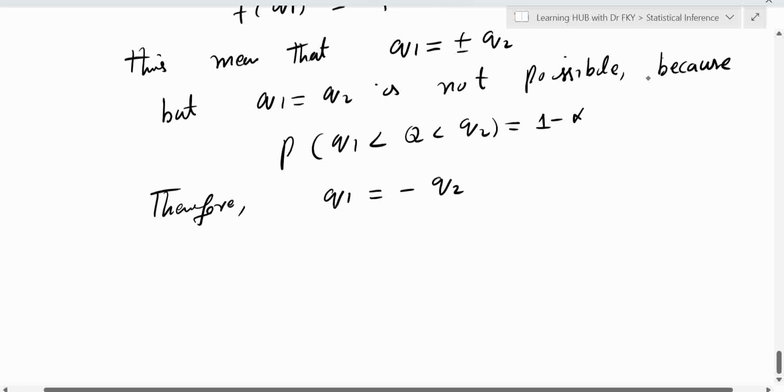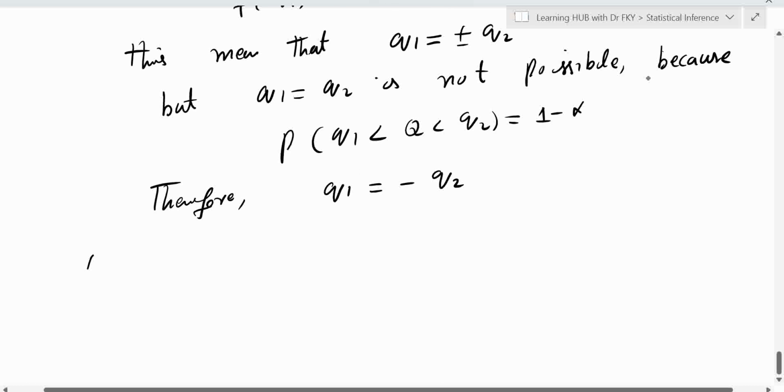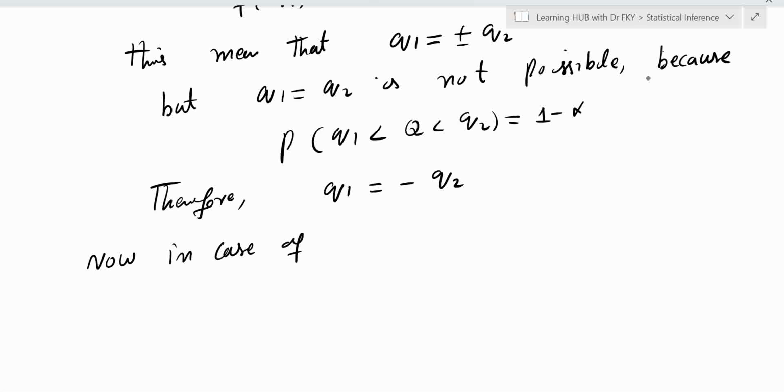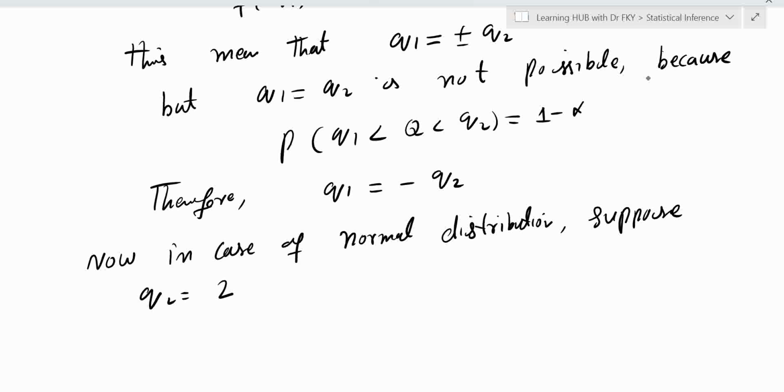Now, in case of normal distribution, suppose Q2 equal to Z alpha by 2, then Q1 equal to minus Z alpha by 2.